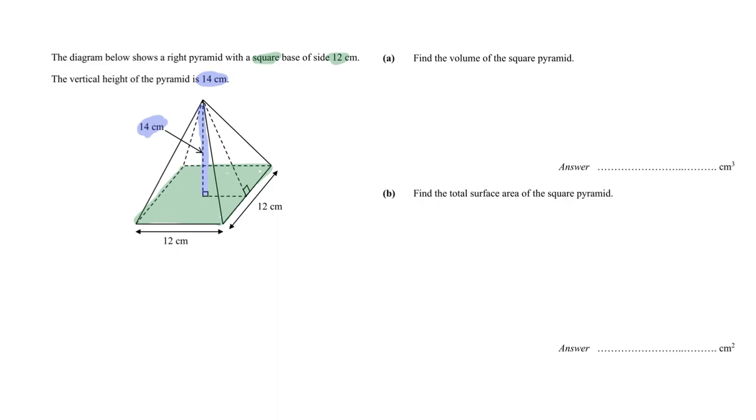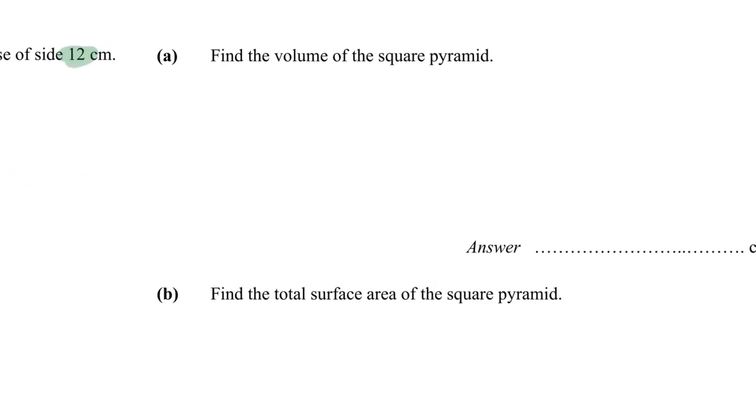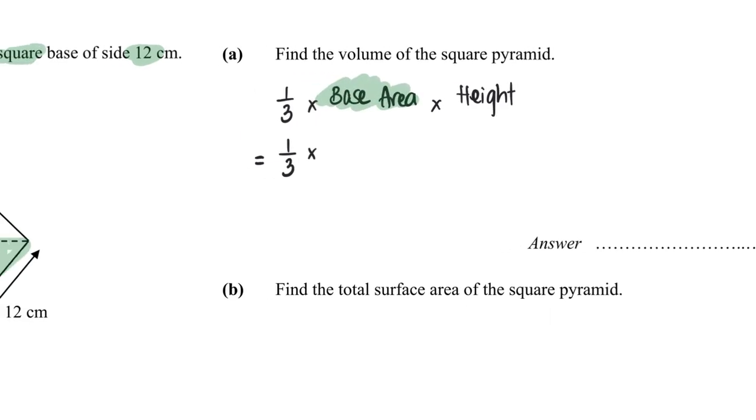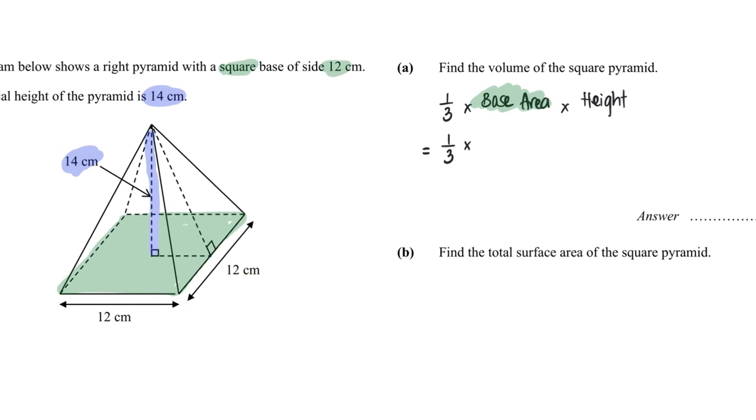So please remember the volume of the square pyramid is equals to 1/3 times base area times height of the pyramid, the vertical height. So in this particular question, the base area is a square.